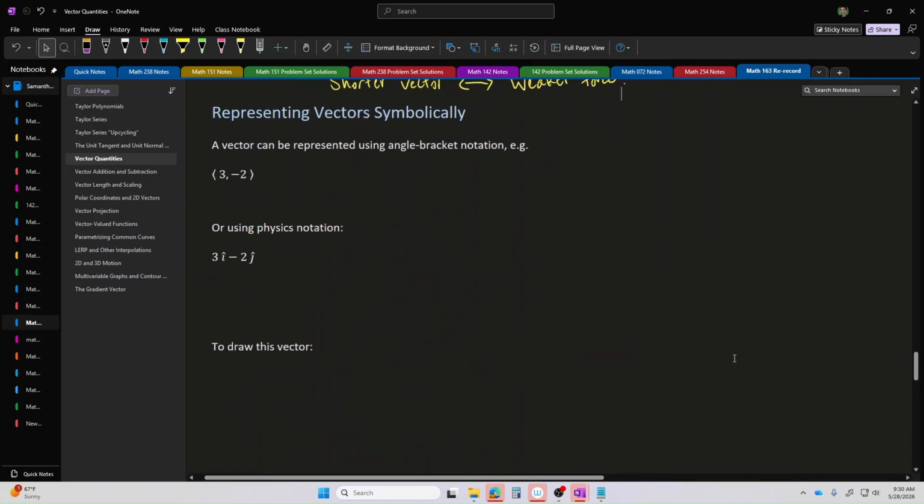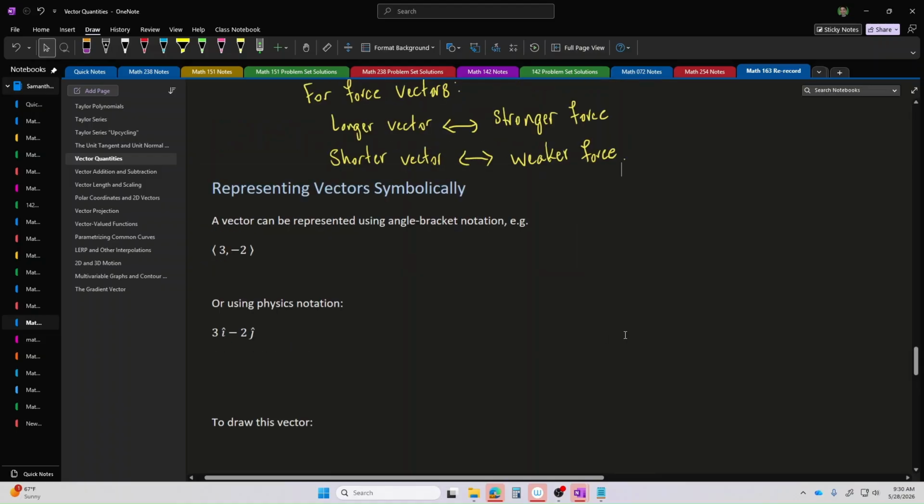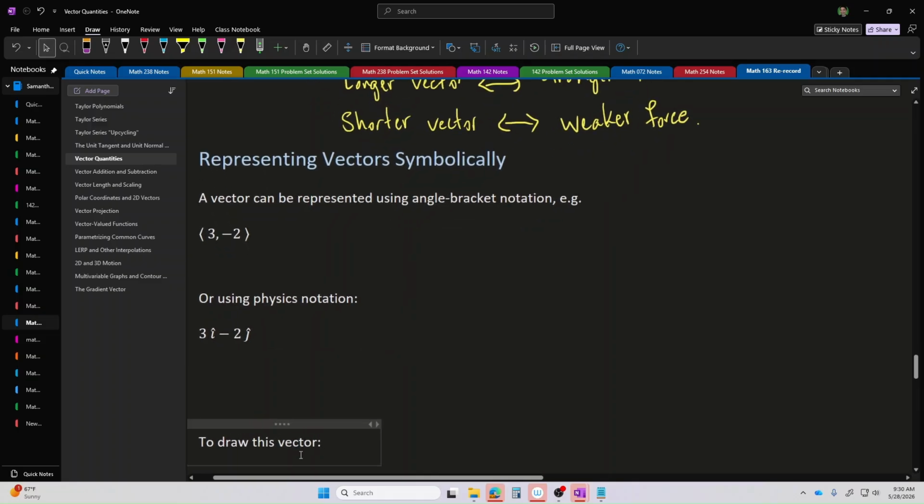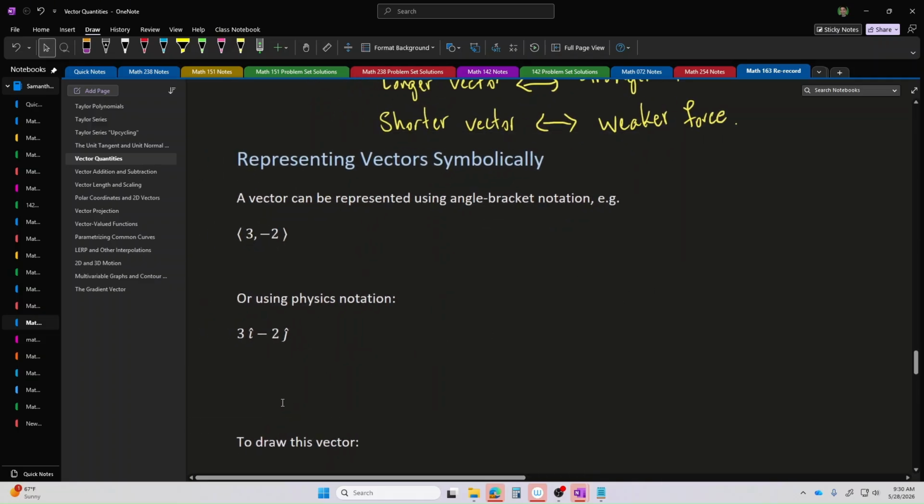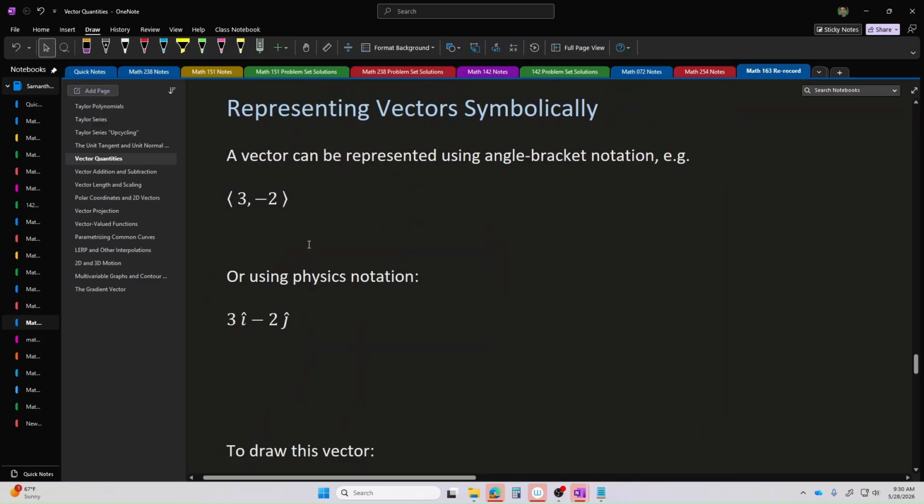Now that we've talked about how to represent vectors graphically in pictures, let's talk about the symbolic notation that's used for vectors. Depending on whether you're in math class or in physics class, you can see vectors represented in a couple of different ways. One way that you'll see vectors represented, particularly in Calculus 3 and 4, is by using this angle bracket notation. Angle bracket, for example, 3, comma, minus 2.